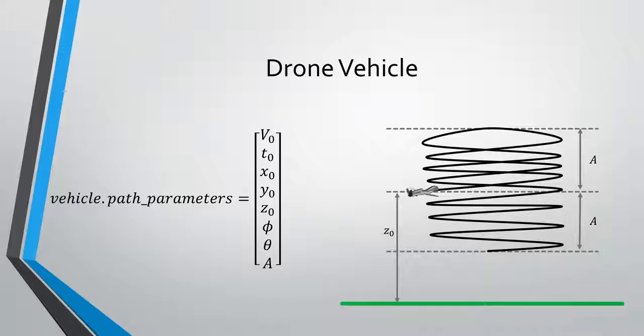Then it will climb or sink until it hits its bottom or upper limit as defined by the amplitude A, which are deviations off of the Z0 value. Once it hits the ceiling or the floor, it'll switch pitch direction and go the other direction, bouncing back and forth between those values. That way it doesn't climb off to infinity or go into the ground.